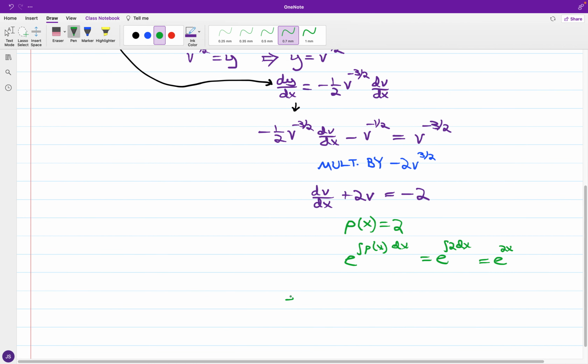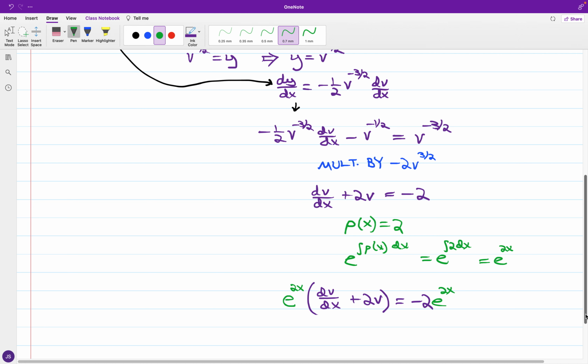Taking what we have in the standard form in the substitution variable, you have e to the 2x times the quantity of dv over dx plus 2v is equal to -2 times e to the 2x.